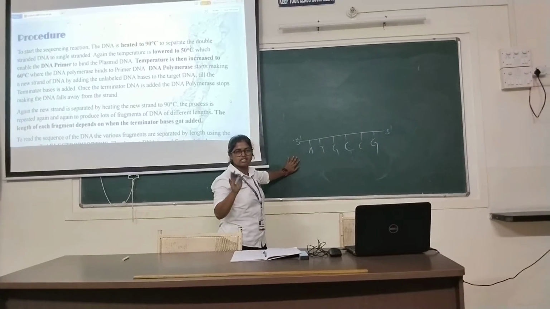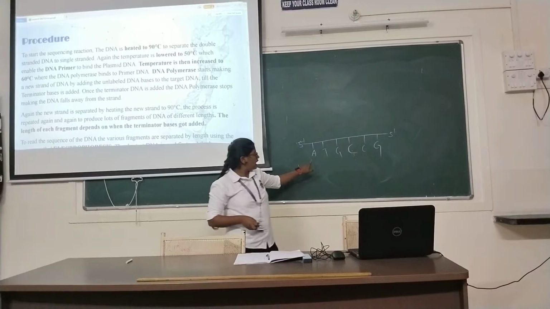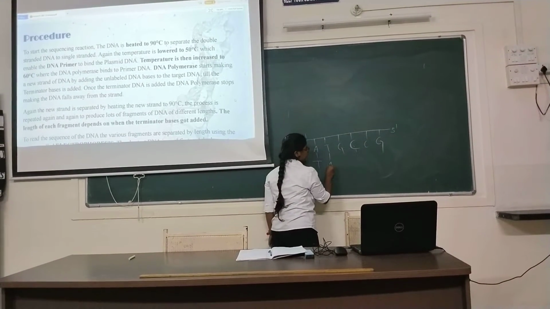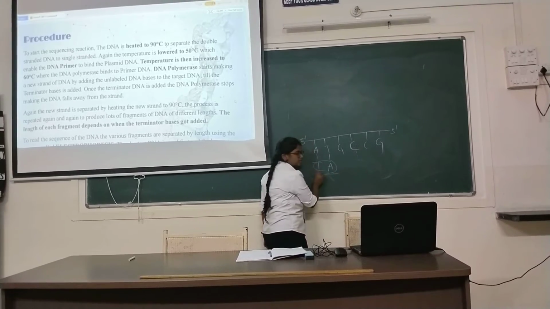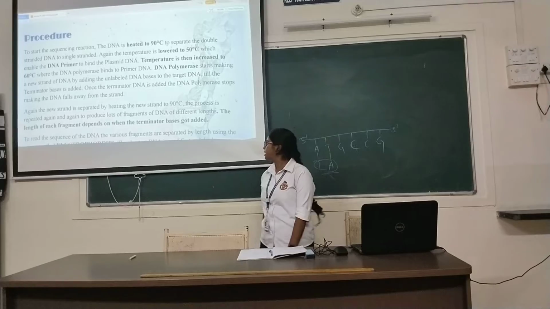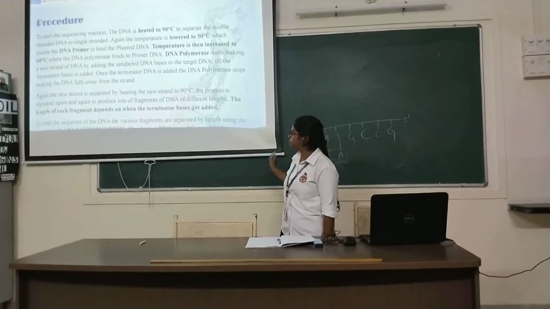This is only a single strand of DNA. Those free bases are added here as complementary: A for T, T for A, like this. These are nothing but the free DNA bases. They come under the ingredients.